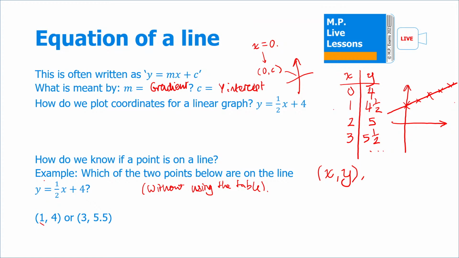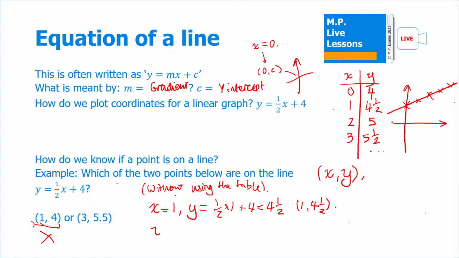So let's say we've got 1 here. So when x is 1, y would be 1/2 times 1 plus 4, which gets 4.5. So this gets the coordinates (1, 4.5). But we're given this coordinate, so they're not the same. So this point is not on the graph.